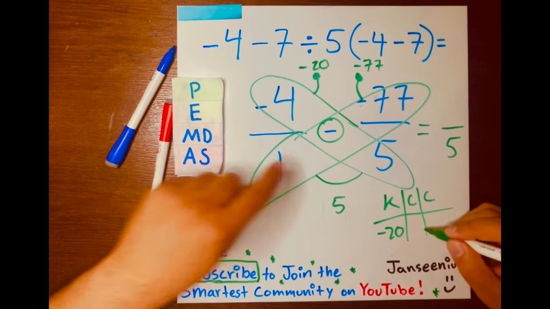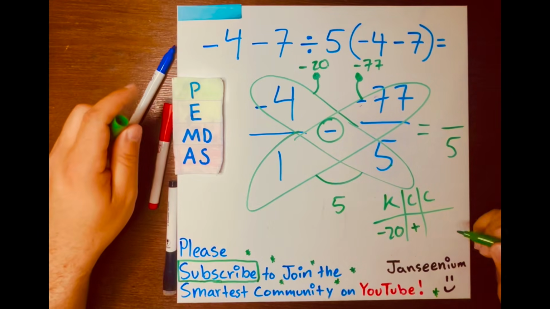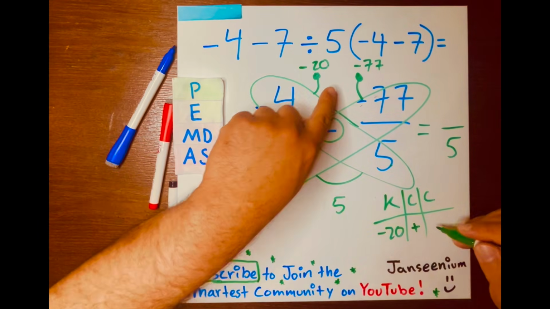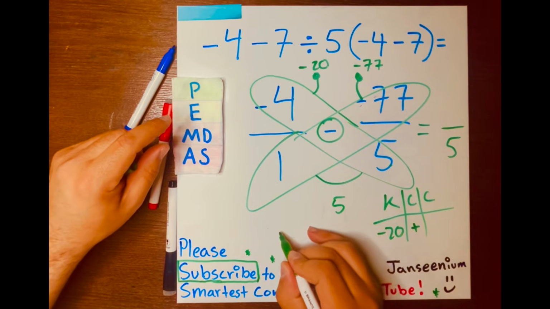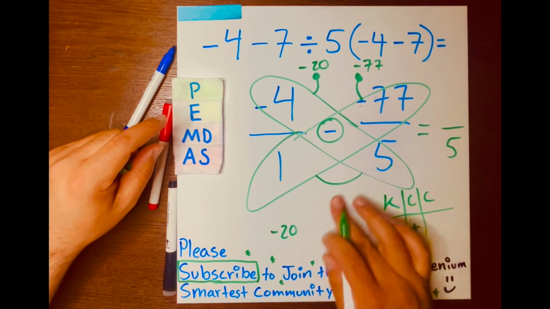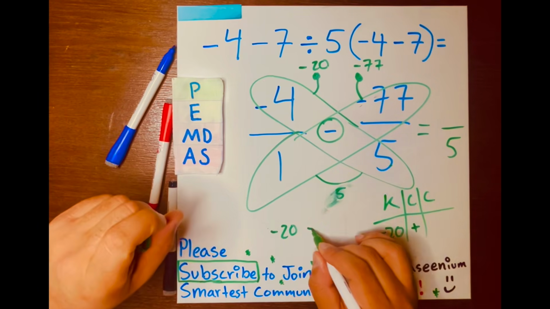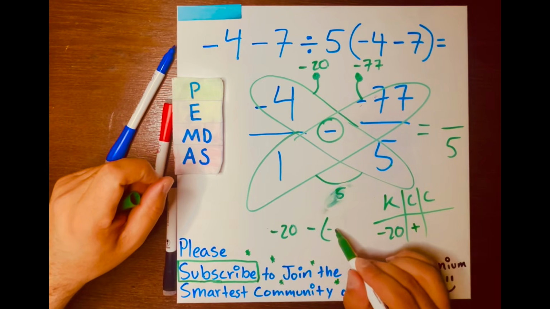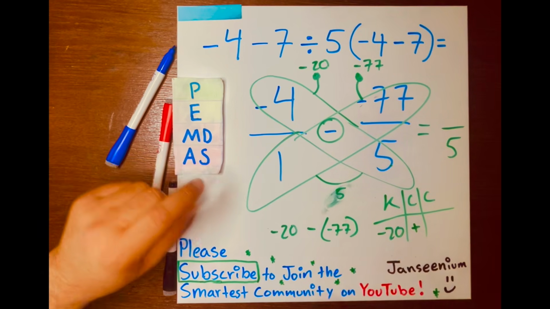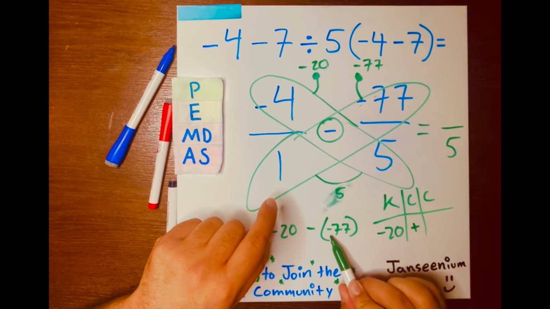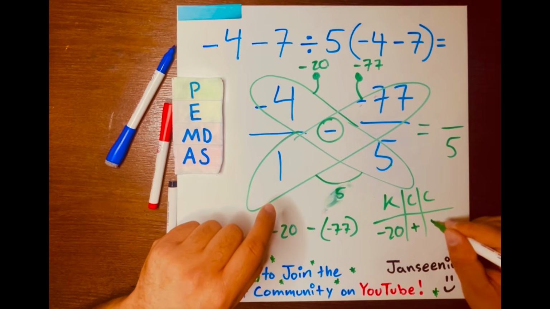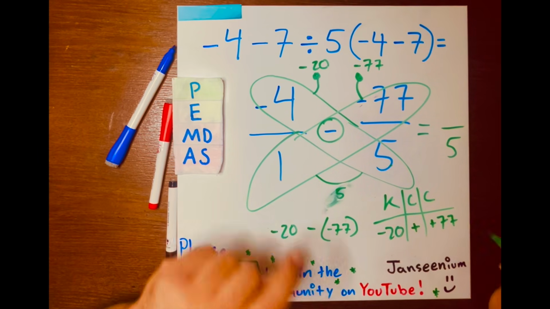So we change subtraction to addition, and then you change, so this is written like this, negative 20 plus, and then negative 77. And so we change the negative to positive, so it's positive 77.